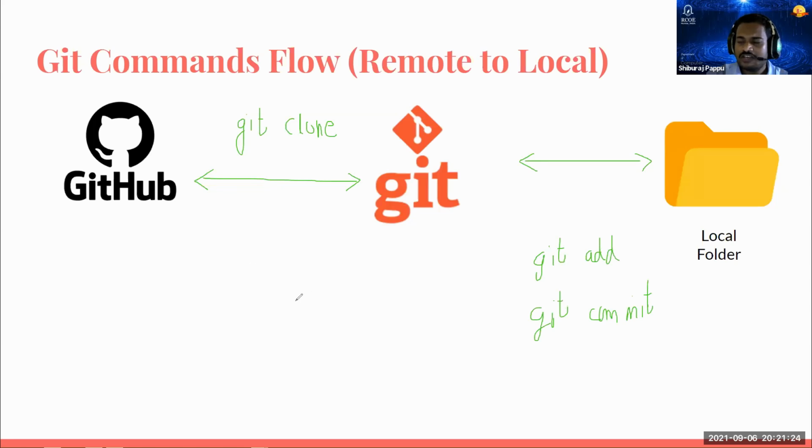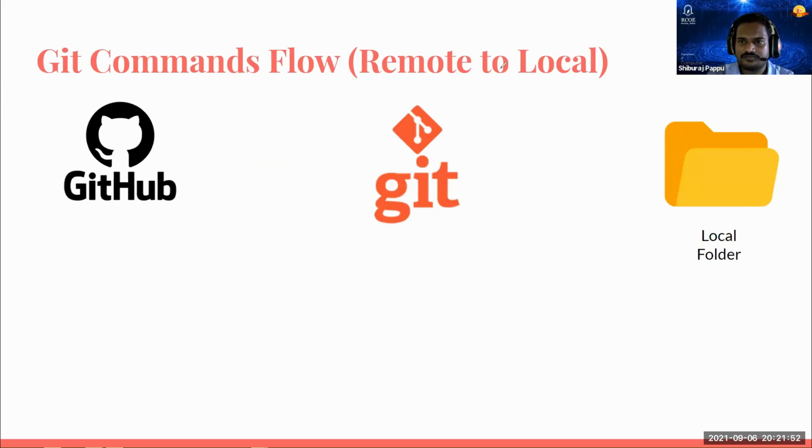The remaining part is the same, but the only difference is if you are starting from remote, that is from GitHub, and creating your repository in GitHub, you have to start with this command, git clone. And the best part is in GitHub only, this command will be already there. You just have to copy this command and paste it, and it will be copied to your local system. I will show the demo of all these things.